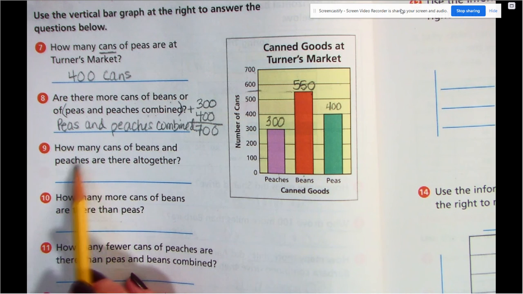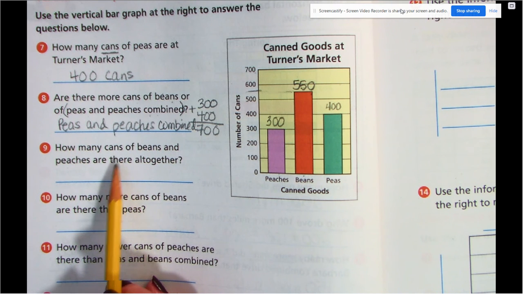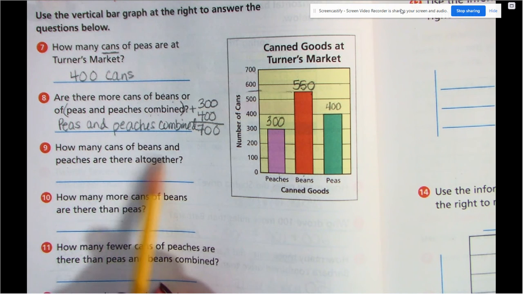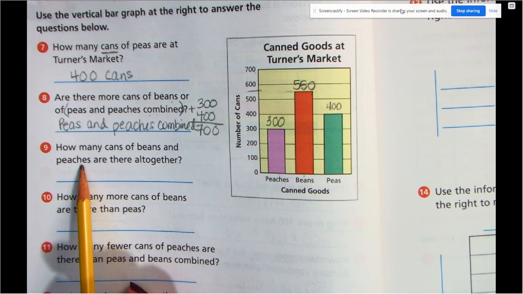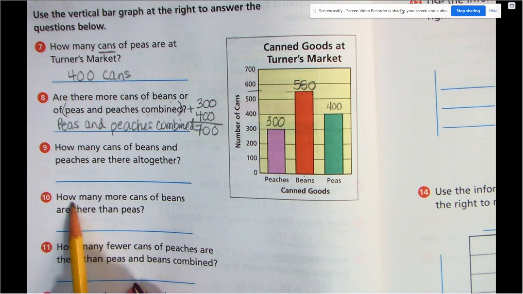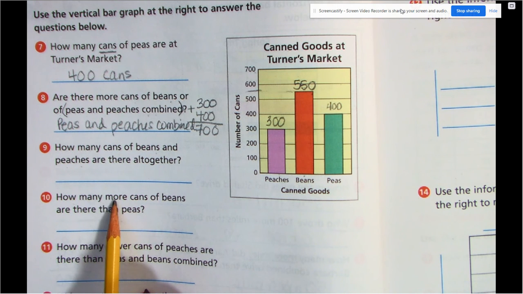How many cans of beans and peaches are there together? So we would add the beans and the peaches. How many more cans of beans are there than peas? So we're comparing. If we're looking for how many more, we want to know the difference between them. So we're going to subtract. Whenever we're trying to find the difference, we want to subtract. Let's try that one.